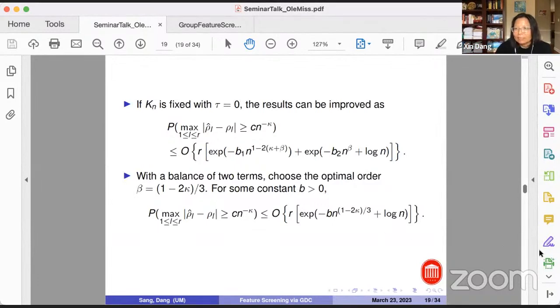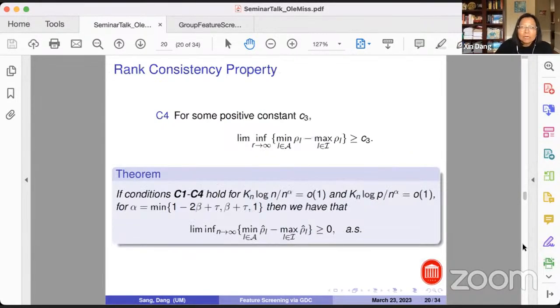Okay, and now I will talk about the other property, called the ranking consistency property. This property is a stronger result than the sure independence screening property, and it requires a stronger condition. This one is condition 4.